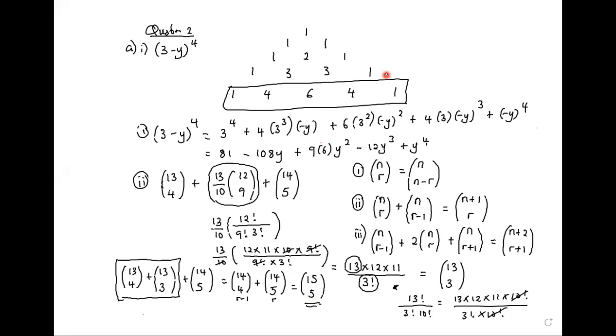I think on that box, 13 is 4 plus 13 is 3. That's why you should start from like, how are you coming up with 13 plus 4 plus 14 plus 5? So the 14 plus 5, this one, is in the question.